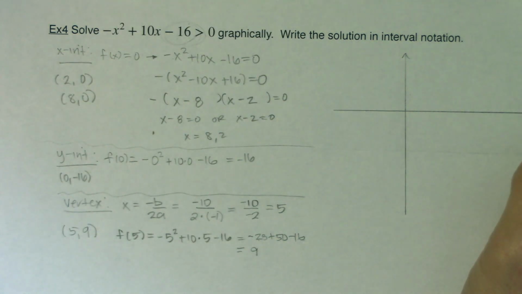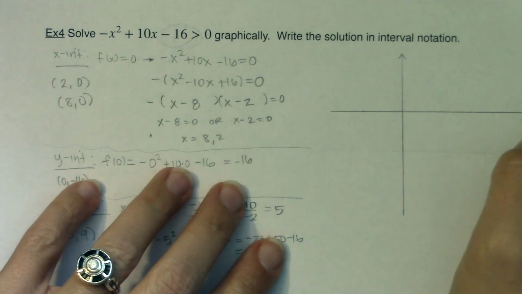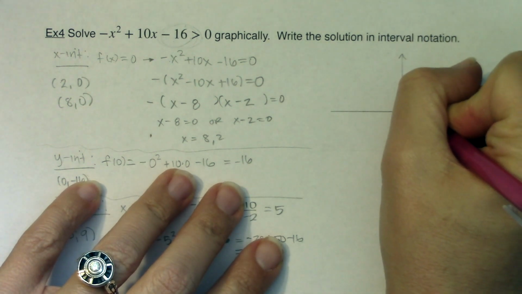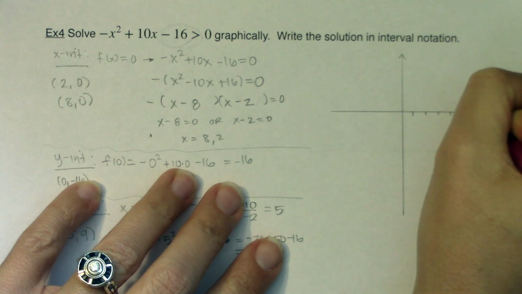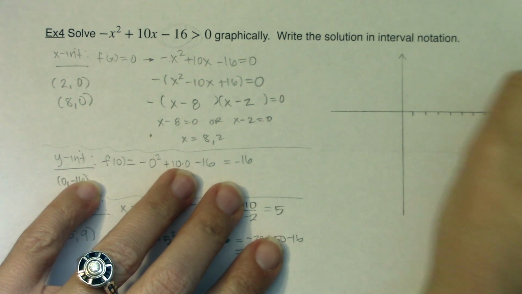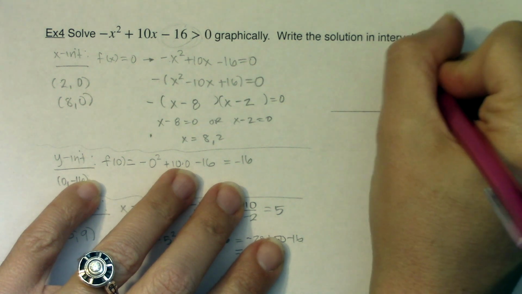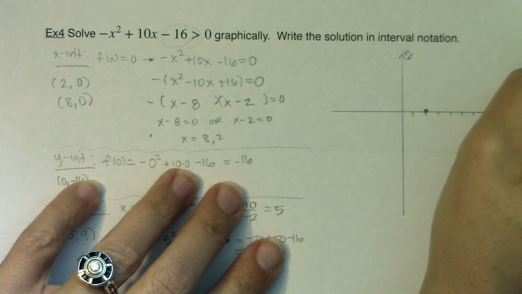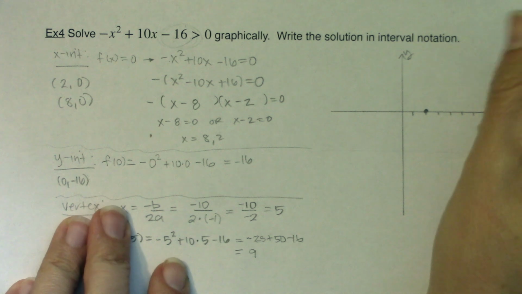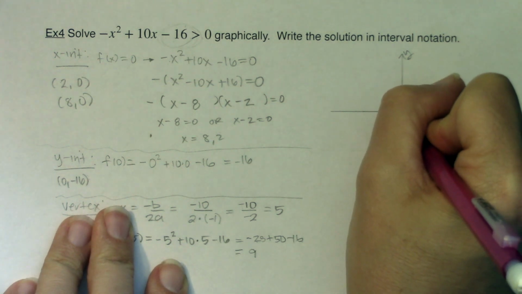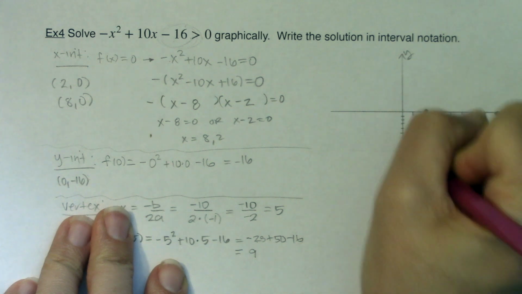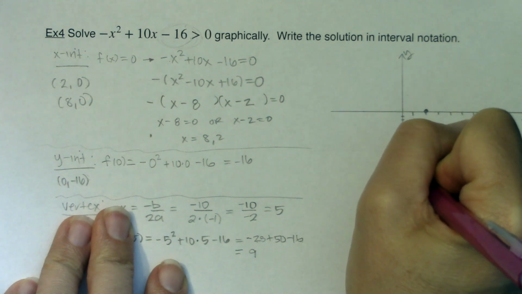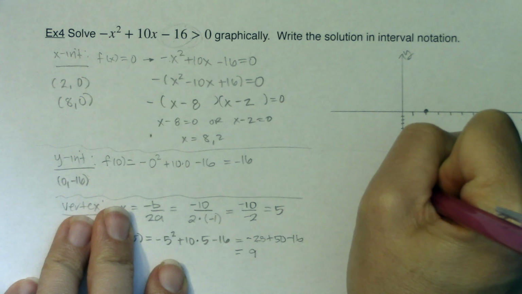Okay, and then we'll graph this out. So I've got 1, 2, 3, 4, 5, 6, 7, and 8 in the x direction, so I'll make sure I put my x-intercepts at 2 and 8. And then I've got -16, so 1, 2, 3, 4, 5, 6, 7, 8, 9, 10, 11, 12, 13, 14, 15, 16.